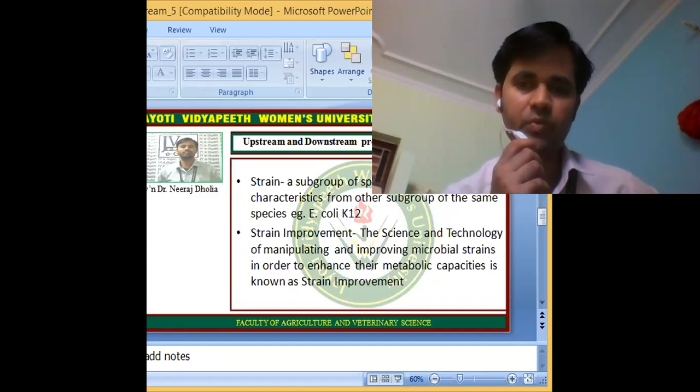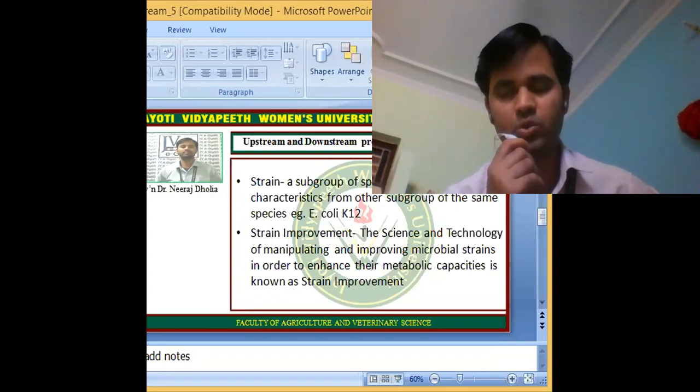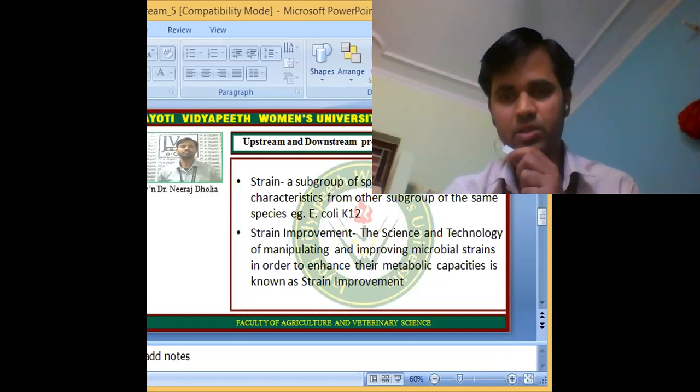The definition of strain improvement is the science and technology of manipulating and improving microbial strains in order to enhance their metabolic capacities. So we have already understood what that is, but this is the exact definition.